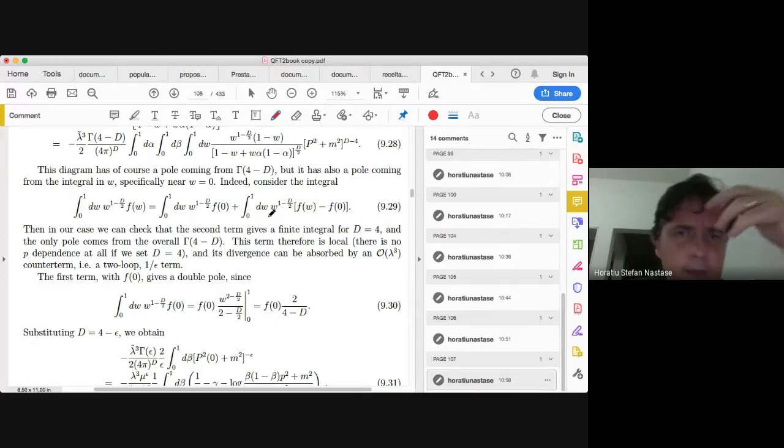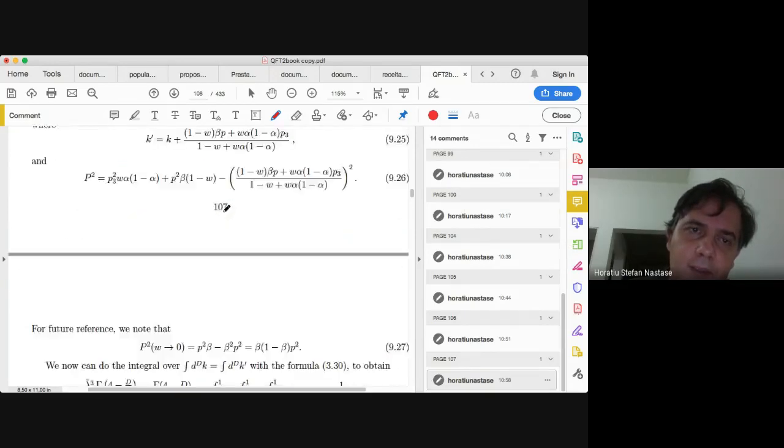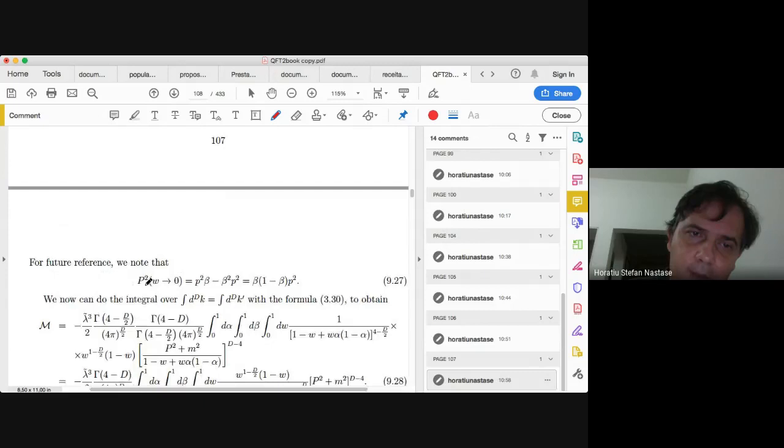No, no, it is non-local. Sorry, the second term will be non-local. It's the first term that is local. The first term will be gamma of 4 minus d, which is gamma of epsilon, 1 over epsilon, and then this will be divergence, but this term does not depend on p, because we've seen that p squared when w goes to 0.